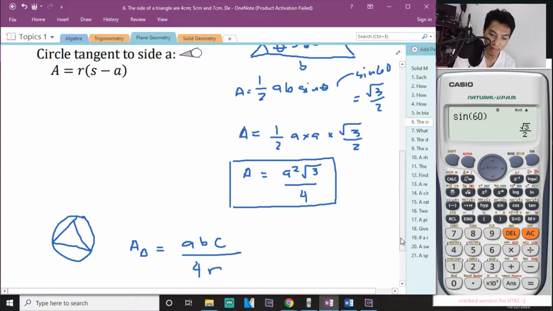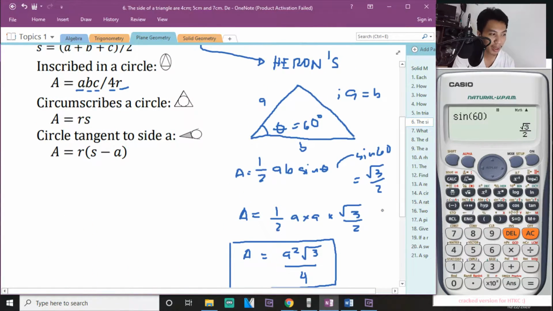Okay. Ngayon naman, kapag daw circumscribe in a circle, mukha siyang araw, di ba? O, drawingan mo ulit ng triangle dyan para magbuong araw. Ayan. So, arise. Ano nangyayari sa araw? Nag-a-arise. Arise. Area ng triangle.